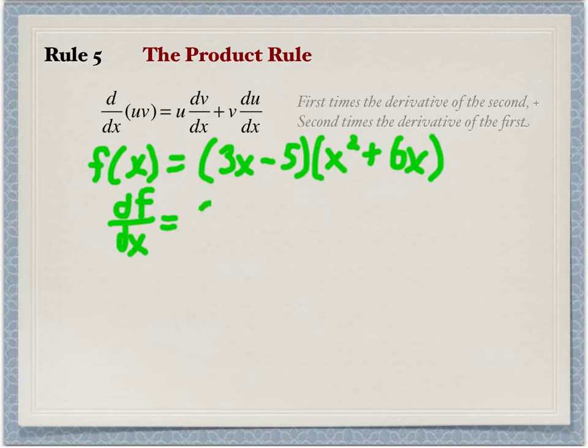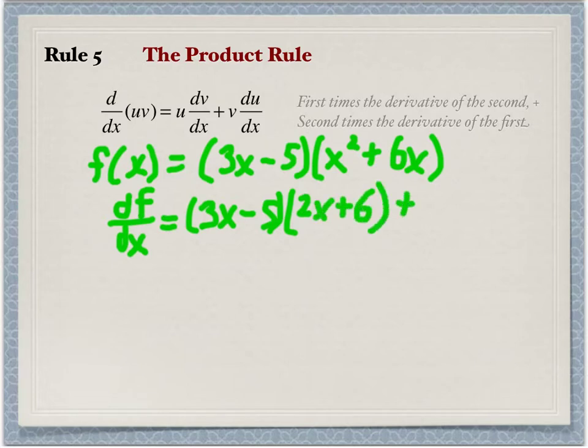I take the first, which is 3x minus 5, times the derivative of the second. By the power rule, that's going to be 2x plus 6. Here's my addition sign in between those, plus the second, so I write the second one down again, x squared plus 6x, times the derivative of the first. The derivative of the first, since it's just 3x minus 5, will simply be 3.